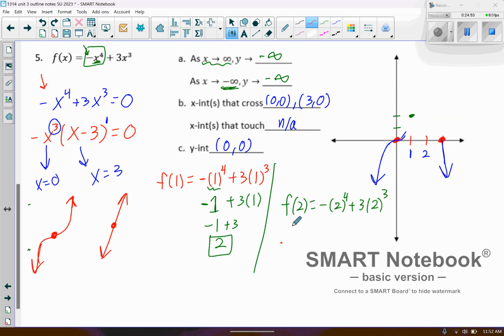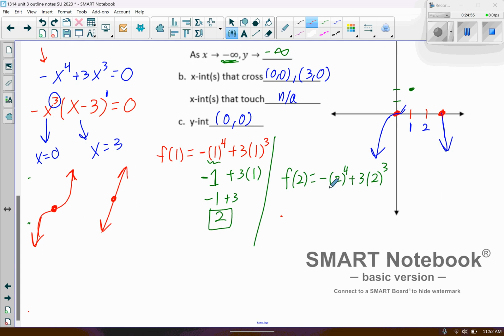The negative gets applied after the fact, so 2 to the power of 4 is 16, and then the negative comes with it. Then plus 3 times 2 to the power of 3, which is 8, 2 times 2 times 2. So I'm going to have negative 16 plus 24, and negative 16 plus 24 is 8. So at 2, I'm going to be all the way up at 8.